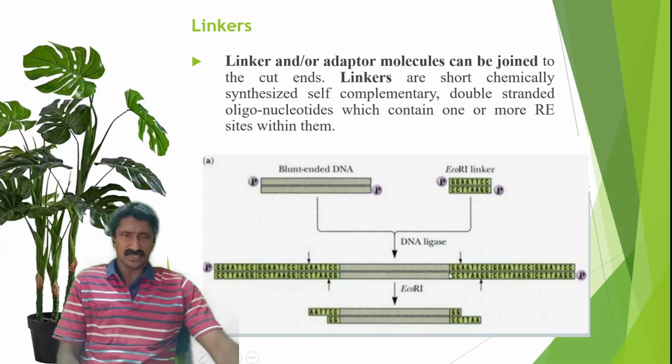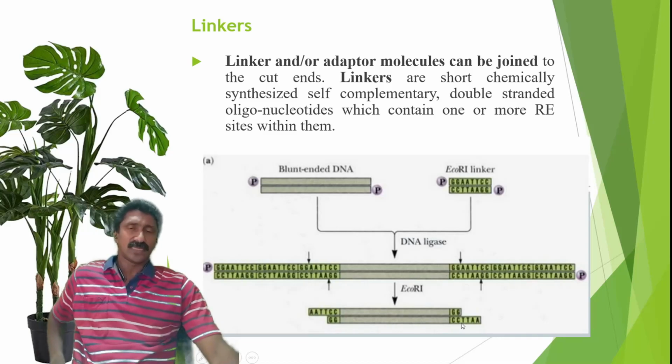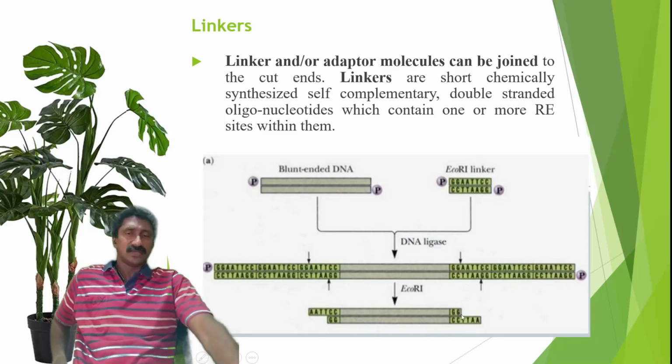After blunt ligation of these with the target DNA, the EcoRI enzyme can be applied. So at both ends of the target or blunt fragment, now we have EcoRI sticky ends attached. So this can be ligated with any target which is cleaved or prepared with EcoRI.